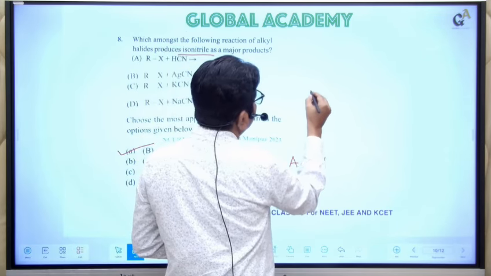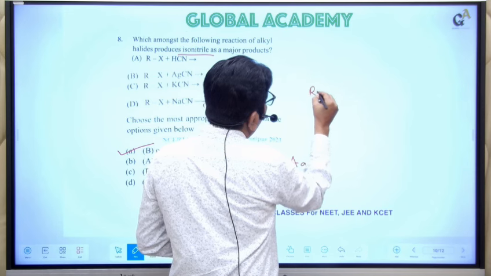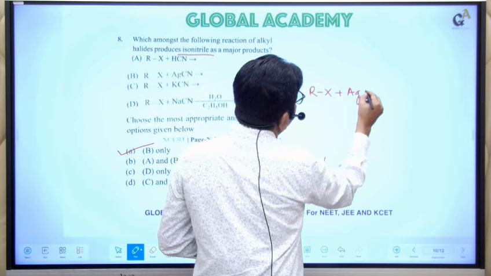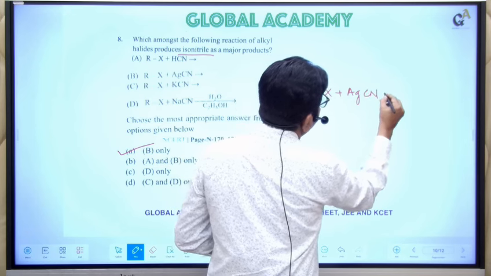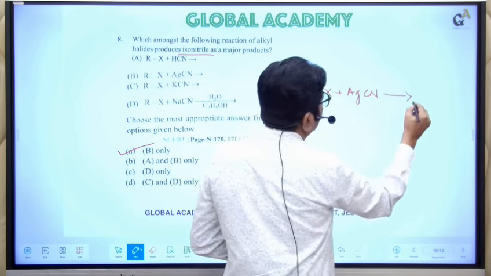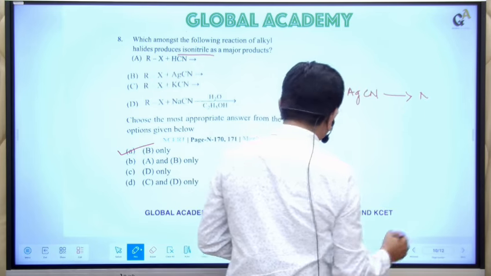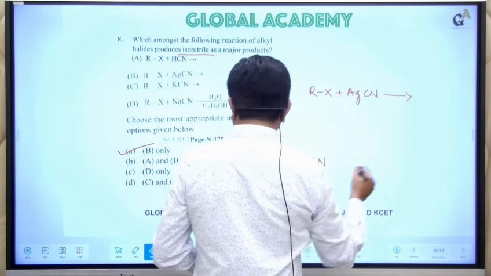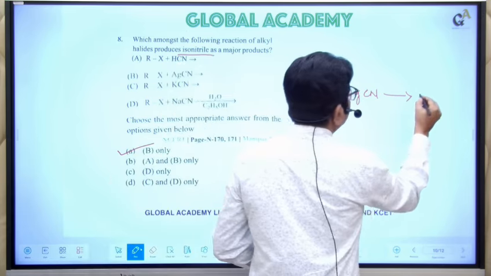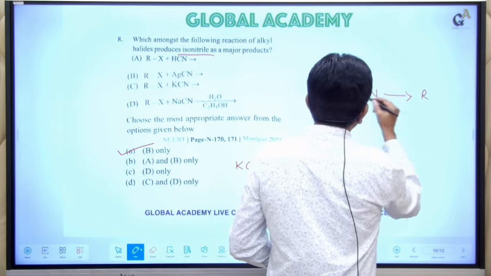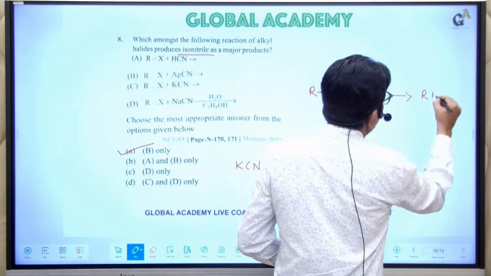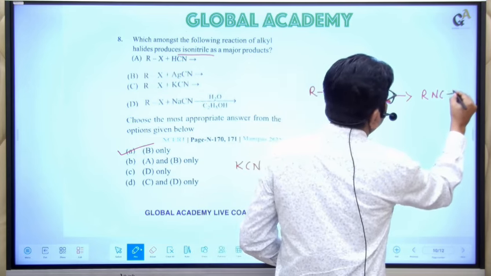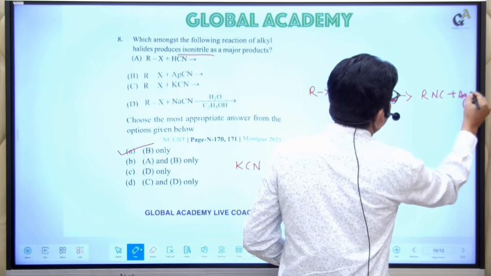That is, the reaction I'm writing here: RX plus AgCN gives RNC plus AgX.